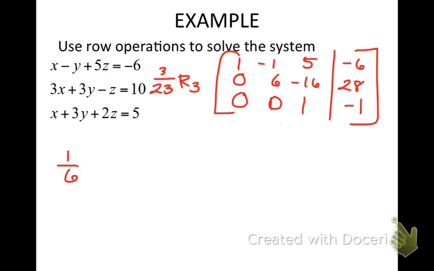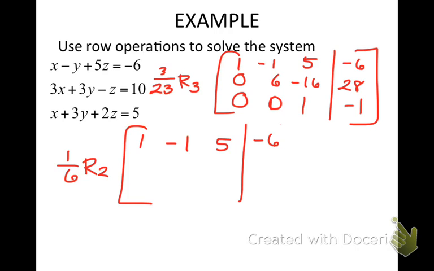So 1 over 6 R2 gets me 0, 1, 16 over 6, which is negative 8 thirds. 28 divided by 6 would be 14 thirds. And then we got 0, 0, 1, negative 1.